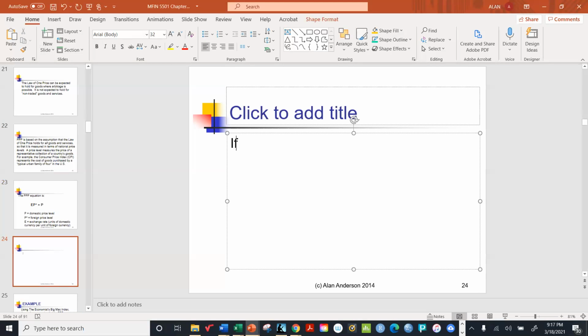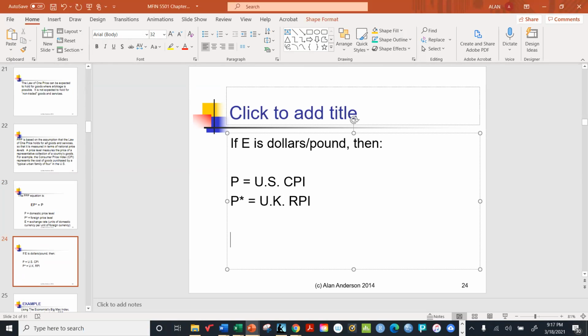So if E is dollars per pound, then P equals the US CPI, and P star would be the UK RPI. And so what it's saying is that E P star equals P, which is the same thing as saying E equals P over P star.